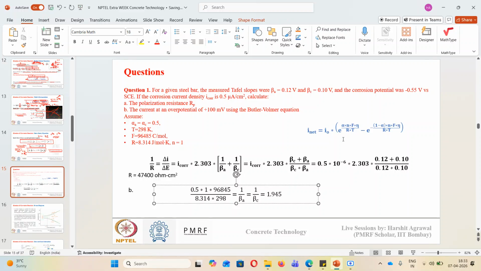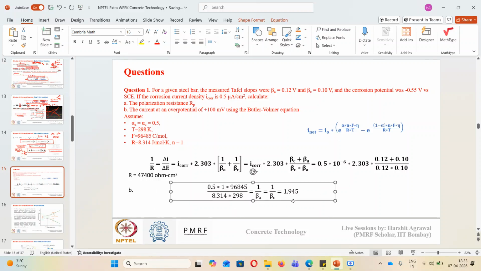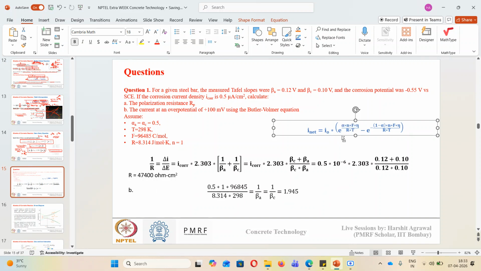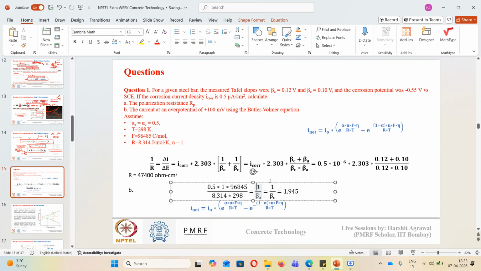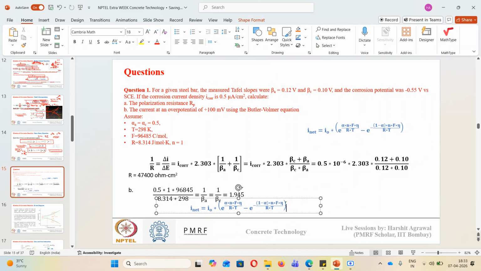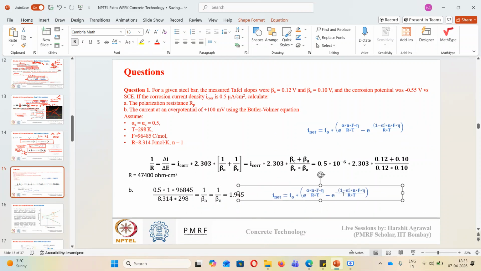Once we calculate this, we just need to calculate I net. So how we will calculate I net? So this is 1 upon beta a and 1 upon beta c. I net will be nothing but I naught, which is given to us.